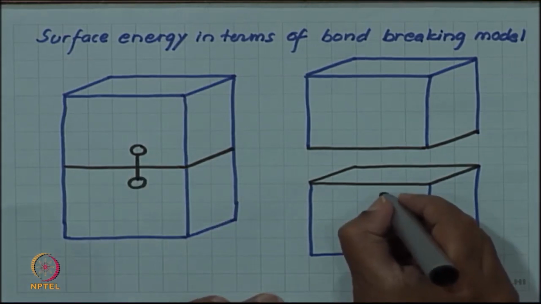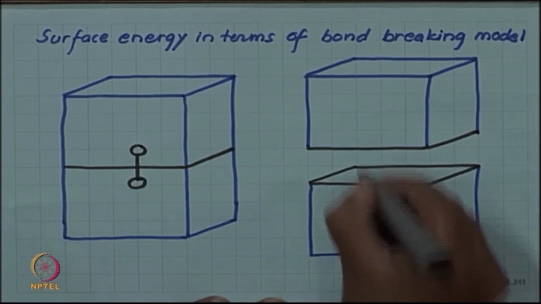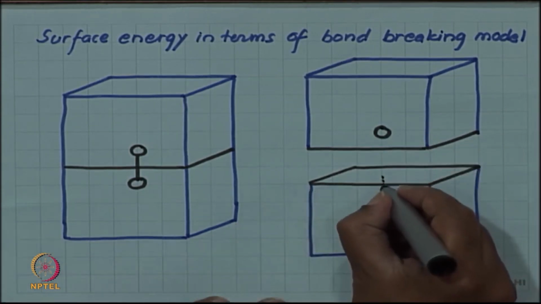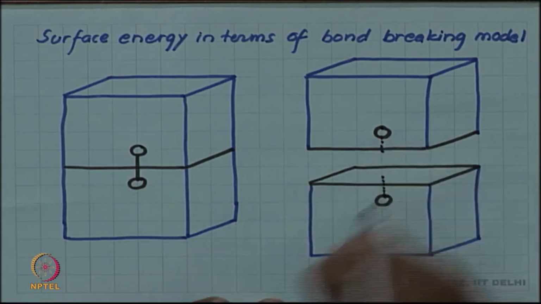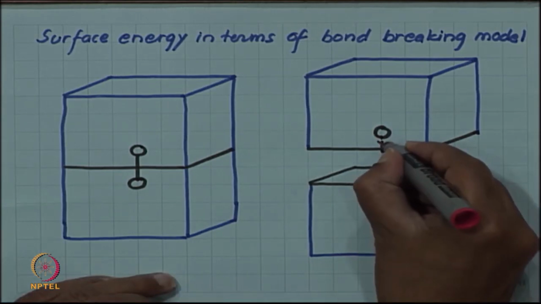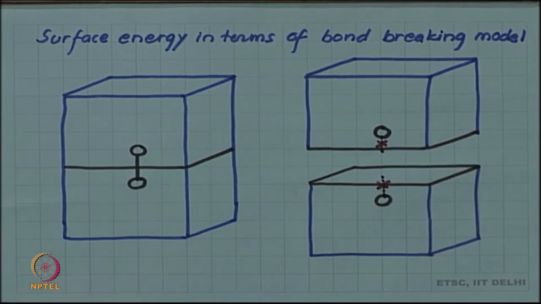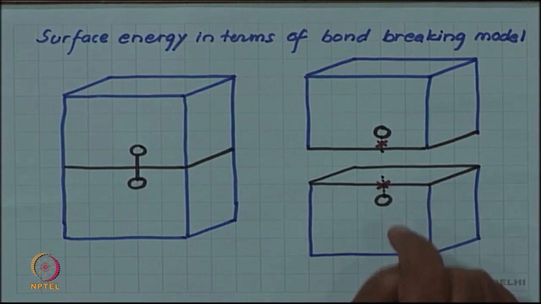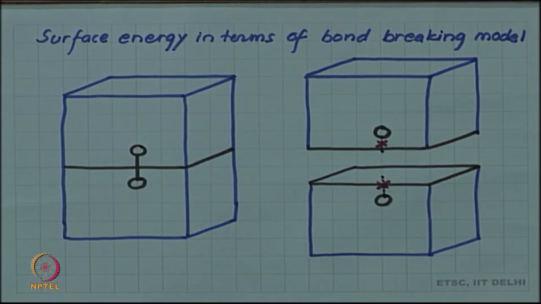But now, these bonds are broken because we have created a new surface. So, that much extra energy is provided to break this bond. And we would like to calculate the energy of this surface in terms of these broken bonds.